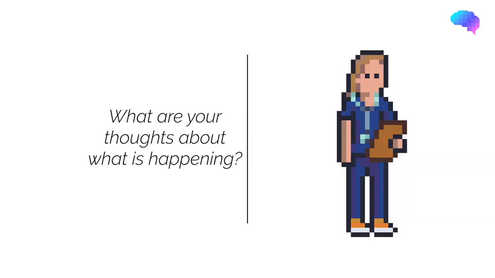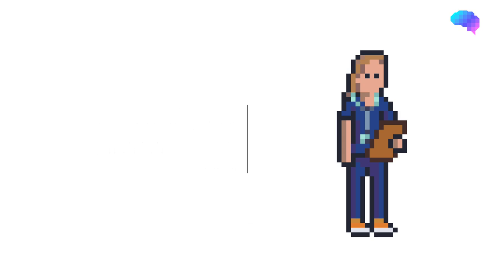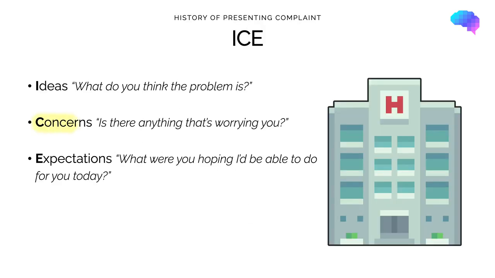Or, "What are your thoughts about what is happening?" When exploring concerns, you can ask a question such as, "Is there anything that's worrying you?" And when you're exploring expectations, you can ask a question such as, "What were you hoping I'd be able to do for you today?"